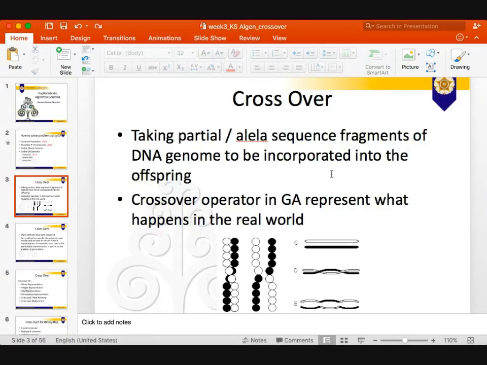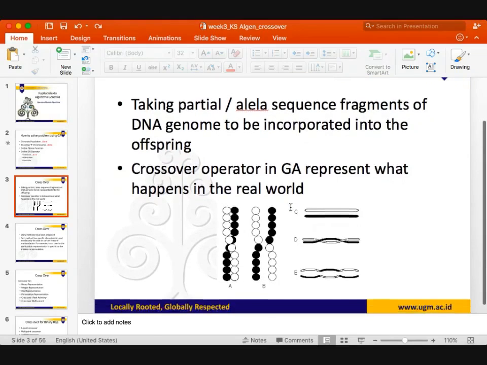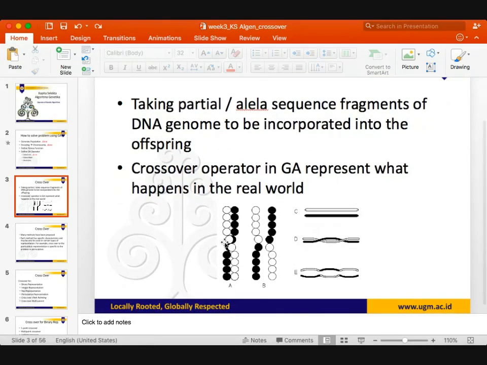So in the crossover operator, we can see the figure that illustrates the process. You can see these are the parts of the DNA.